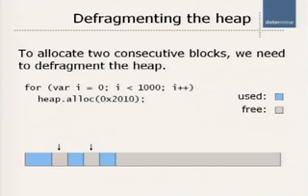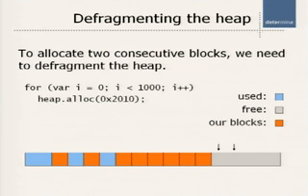It's pretty simple. You just do a loop. You allocate blocks of a certain size, and these blocks will fill out all of the holes, and then they'll fill out some more. And finally, the heap layout that we'll have at the end will be pretty much equivalent to a clean heap that doesn't have any allocations in it.